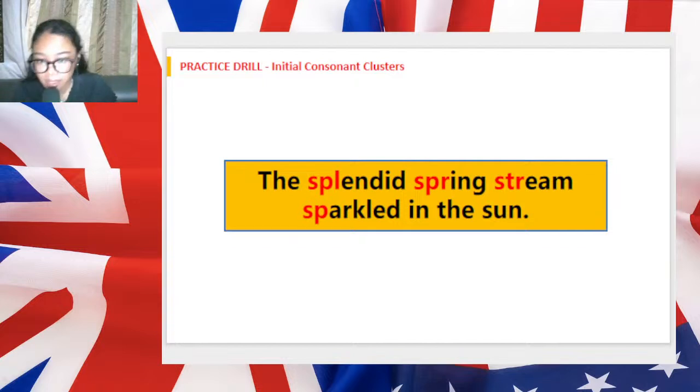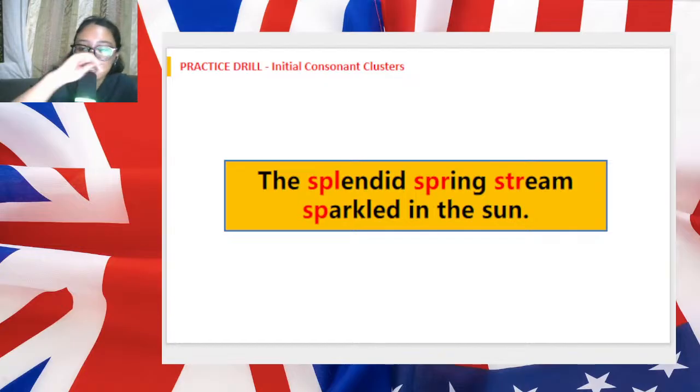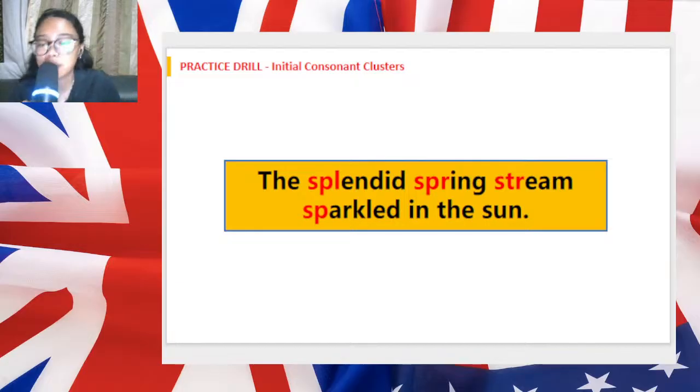The initial consonant clusters included here, there are four in total. First is SPL. Second is SPR. Third is STR, and the sole two consonant initial cluster is SP.